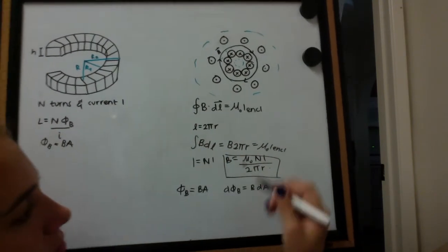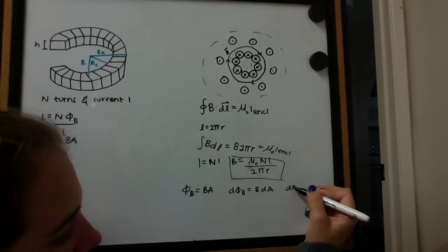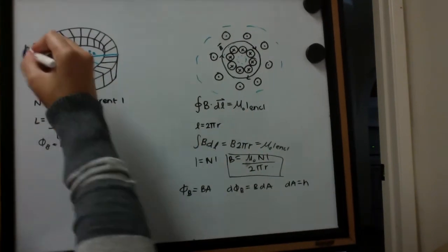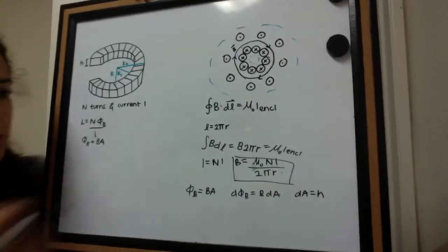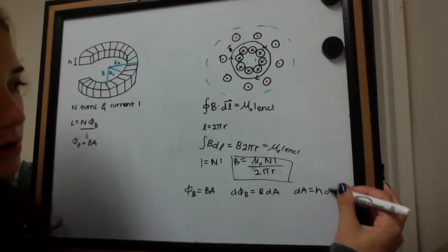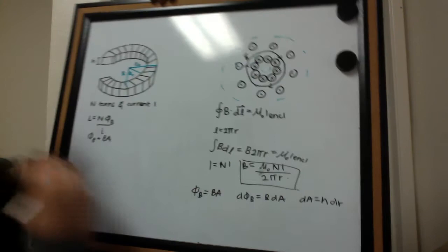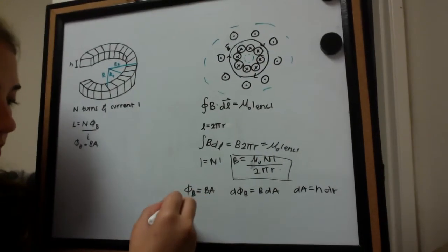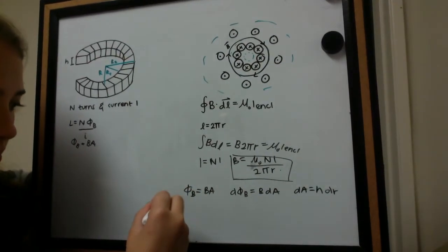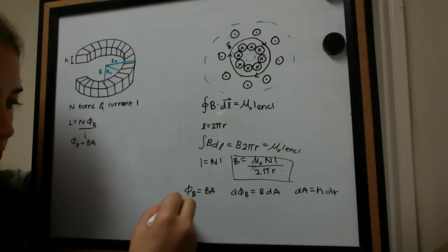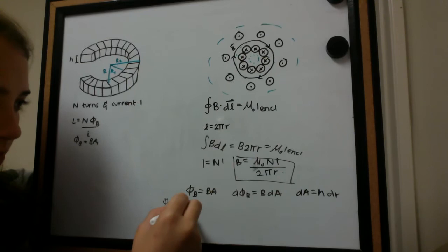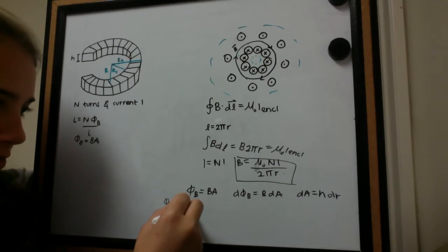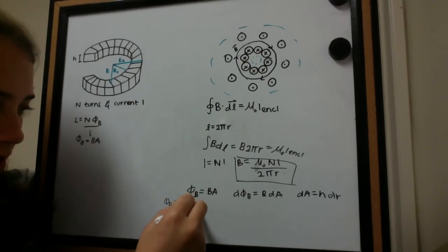Our dA is going to be h, which is the height of the rectangle right there, multiplied by the change in radius. So phi B equals the integral from r1 to r2 of B dA.